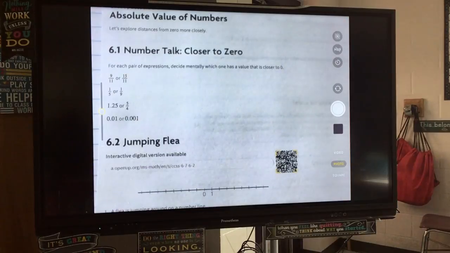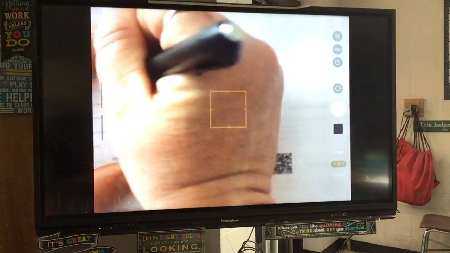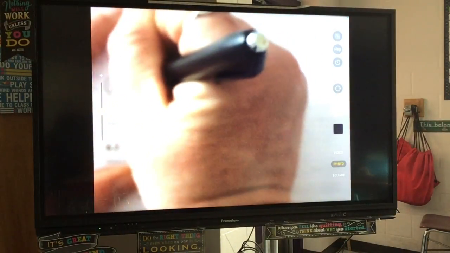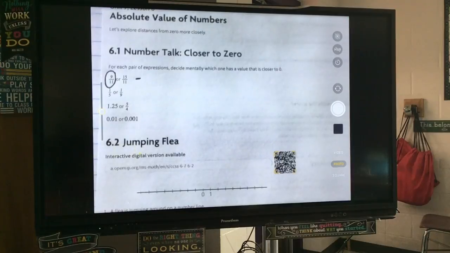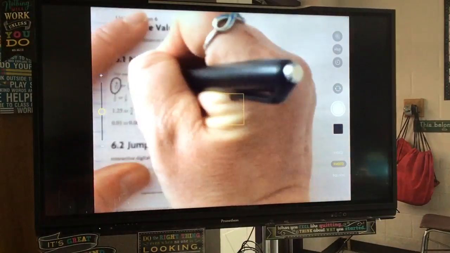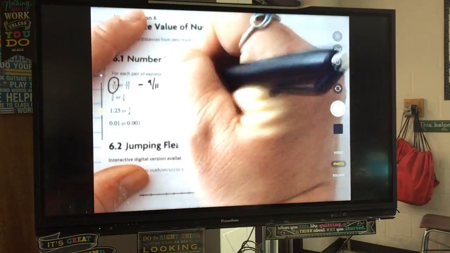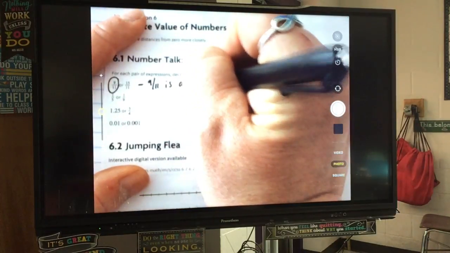Okay, everybody? Why? Somebody tell me why. What was your reason? Addie? The whole, so it'd be like 1 and 4/11, so that's farther away than the fraction would be, and 9/11 is smaller.